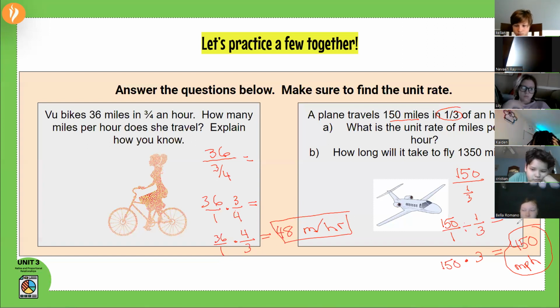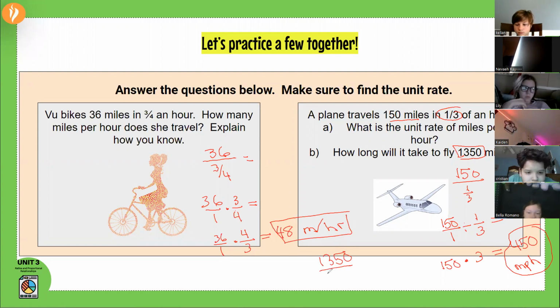All right, so then if they're going 450 miles in 1 hour, how long would it take them to go 1,350 miles? Someone tell me what to do mathematically. You divide. You divide how many total miles they're going by their speed, miles per hour.